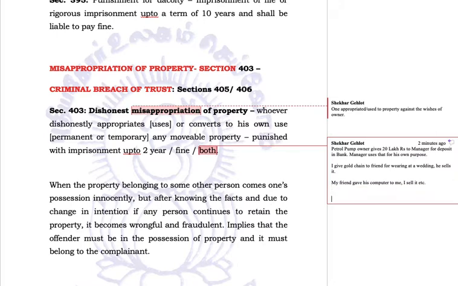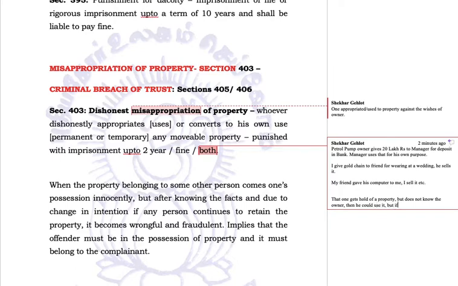Sometimes it may be that one gets hold of a property but does not know the owner, then he could use it.